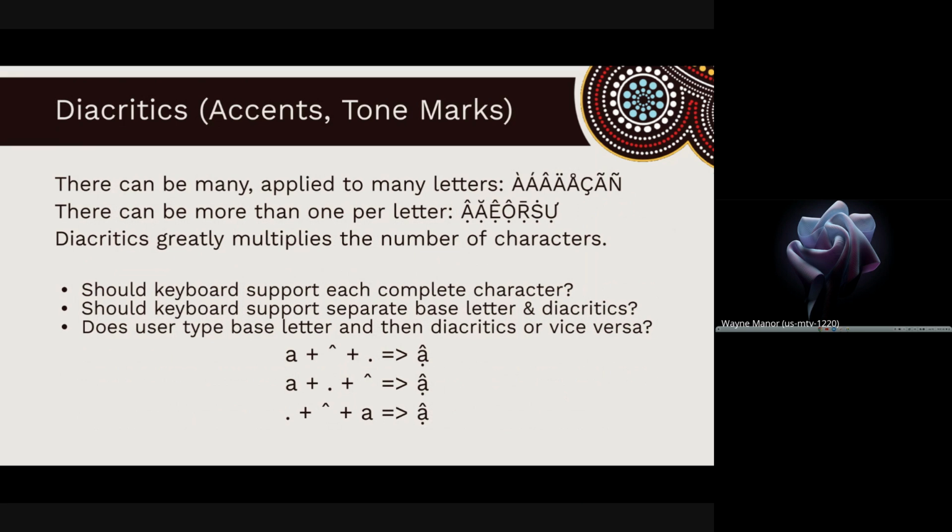Now, for diacritics, I want you to think a little bit about designing your keyboard. There can be many accent marks and tone marks. And you see some examples here, and they can be applied to many letters. So for Latin languages, A, E, I, O, U all have some accents.